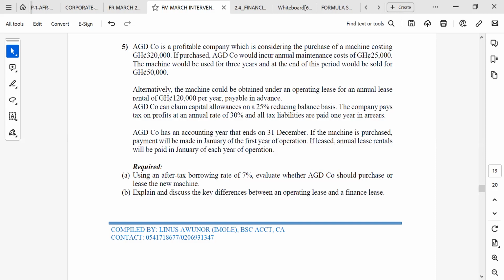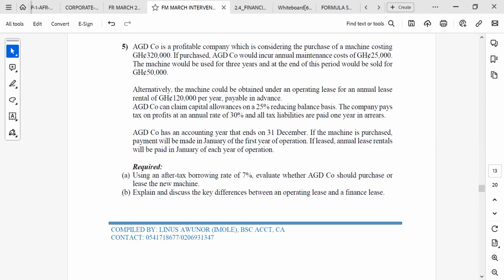The company pays tax on profits at an annual rate of 30%, and all tax liabilities are paid 1 year in arrears. AGD company has an accounting year that ends on 31st December. If the machine is purchased, payments will be made in January of the first year of operation.